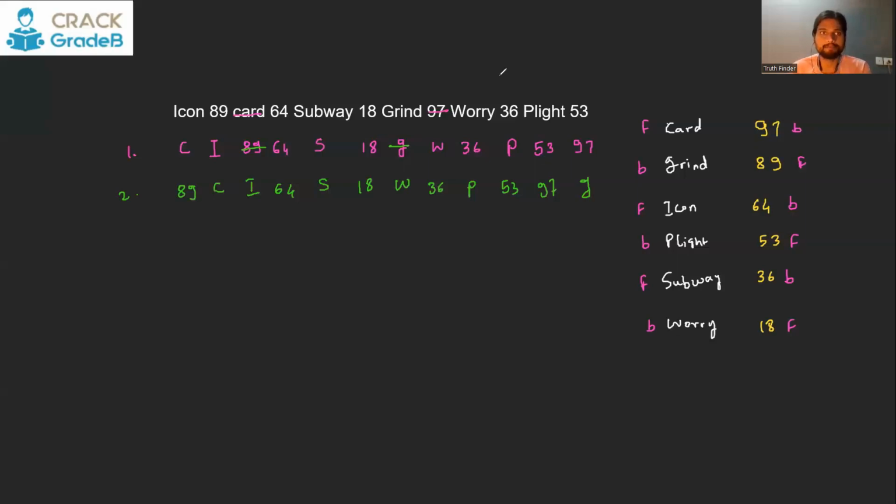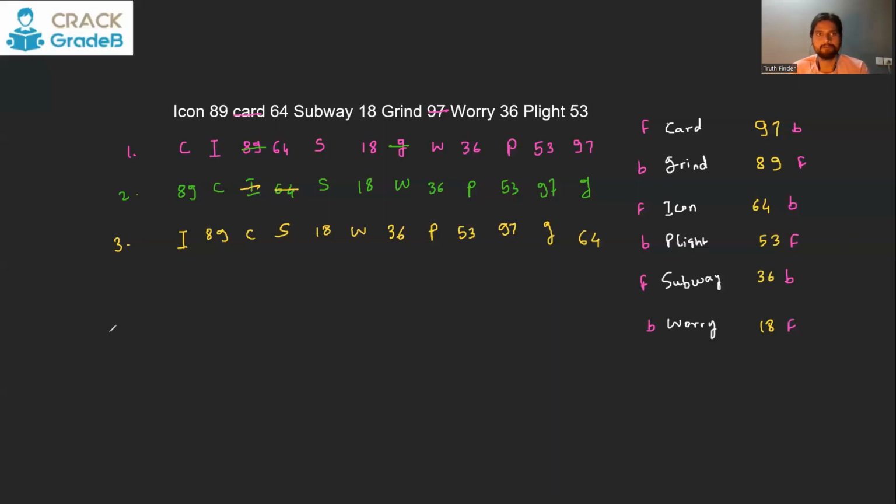In the third step, icon goes in the front and 64 goes in the back. The remaining stay in the same order: 89, C, S, 18, W, 36, P, 53, 97, and G.